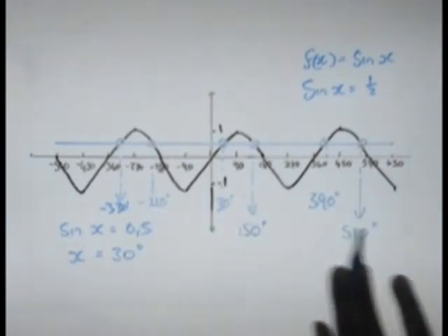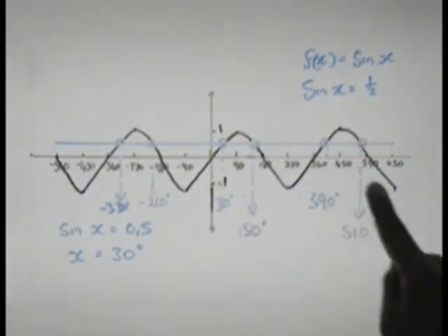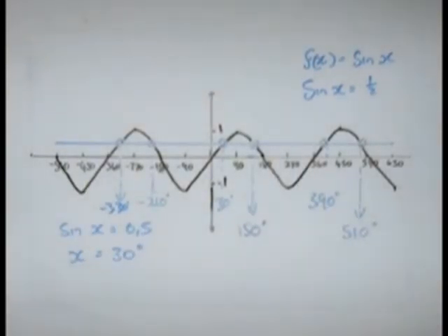So I've got a number of different values, and notice that my sine graph is going to just continue in this pattern to positive infinity and to negative infinity. So when sine of x is equal to a half, there's a lot of different angles that x could be. But let's look at this.